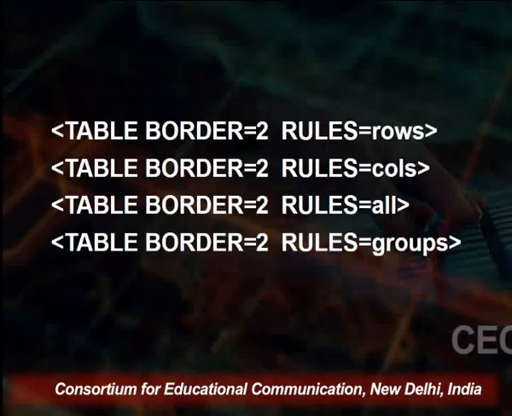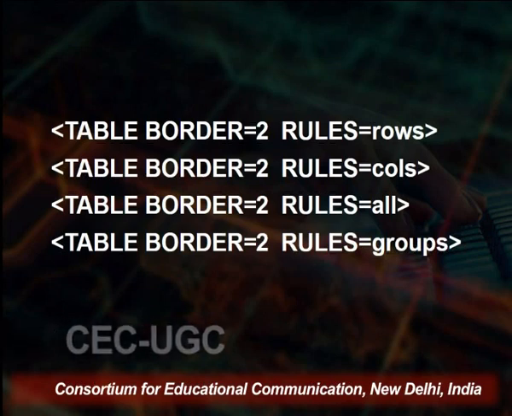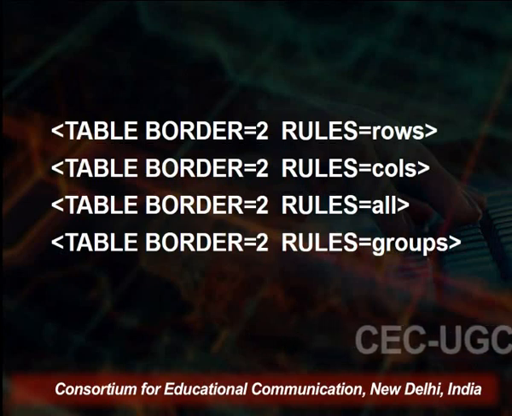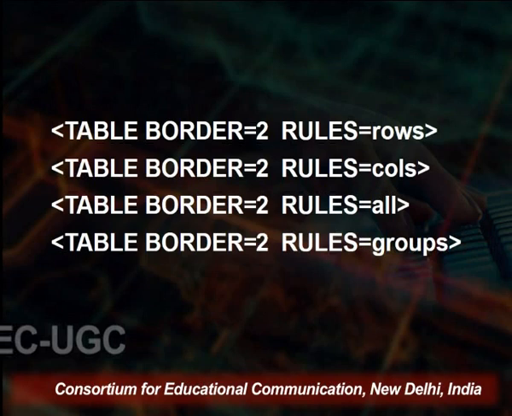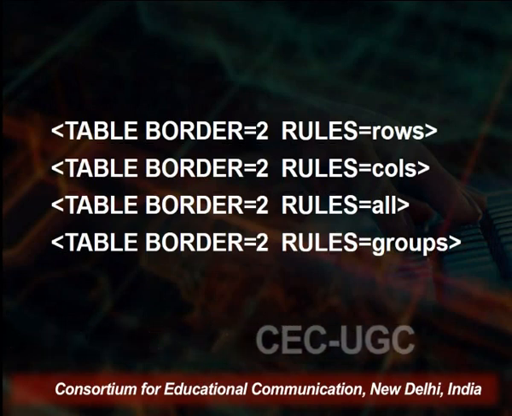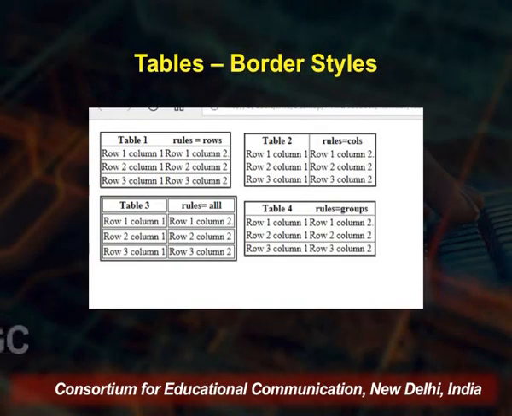Then you can define border and rules equal to cols. Cols means only the vertical borders are going to be displayed. Then you can define rules equal to all, which is also the default behavior of the table. Here all the borders will be coming, whether vertical or horizontal.